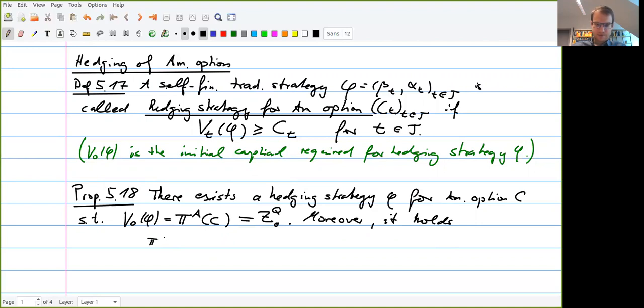By definition, what we already know is that the price can be expressed as this optimal stopping problem.